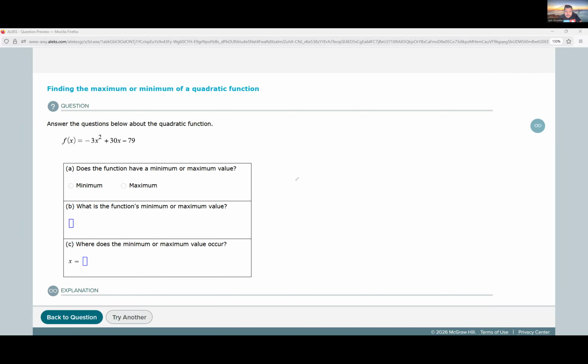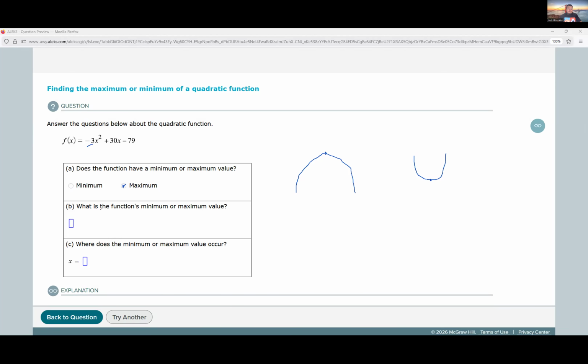If it's opening up, you have a valley or a minimum. So since this is a negative, it's opening down, so it will have a max. If it was positive, it would have a minimum.